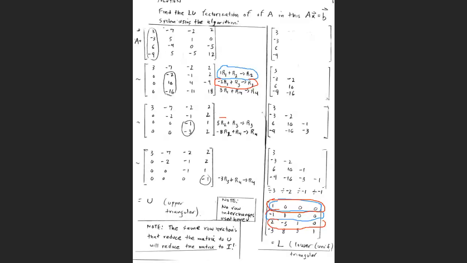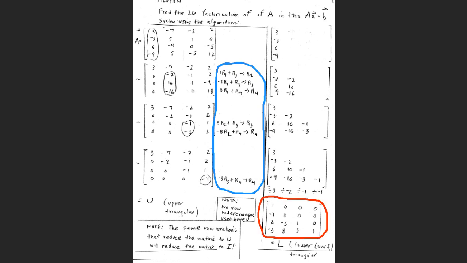Here's what I want to say. These 6 row operations that we did, if we did those same 6 row operations to the lower unit triangular matrix L, those 6 same row operations would reduce that matrix L to the identity matrix.